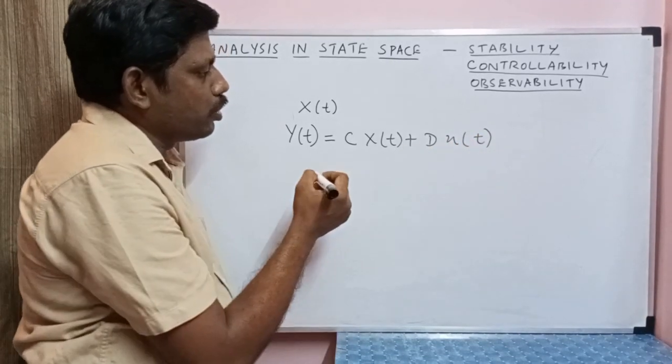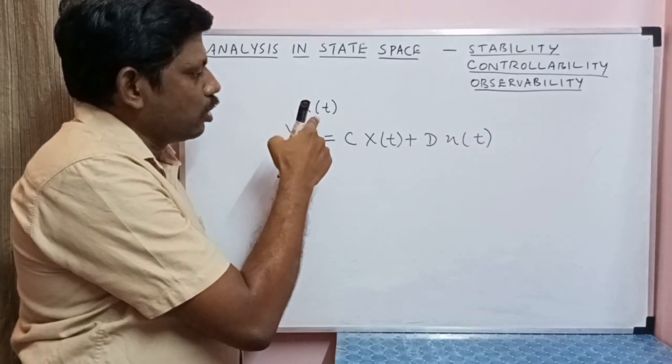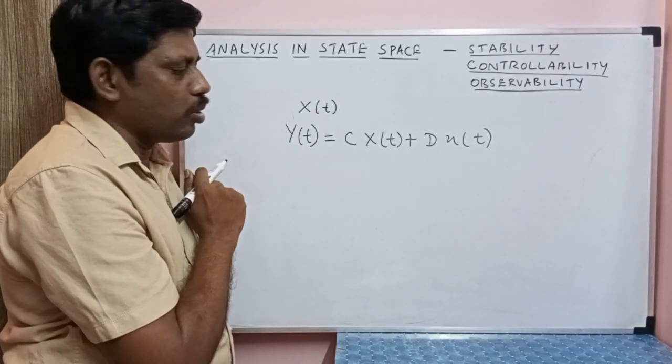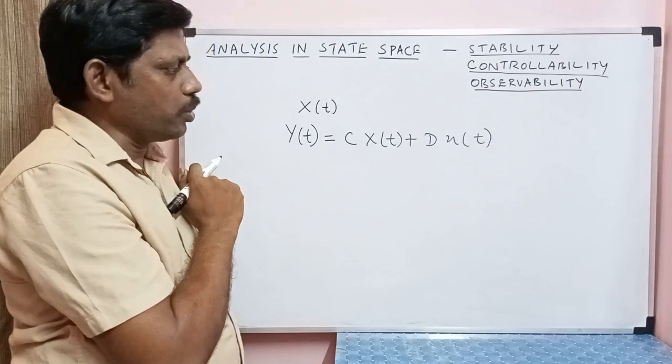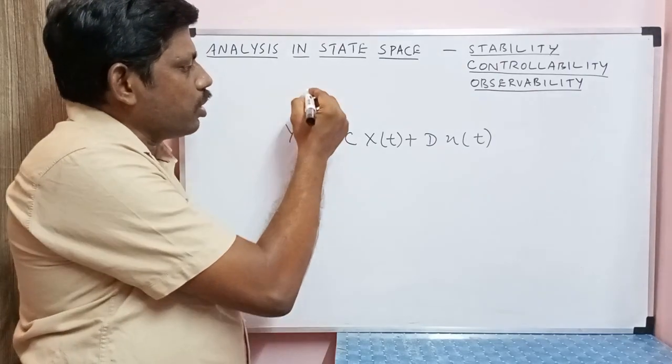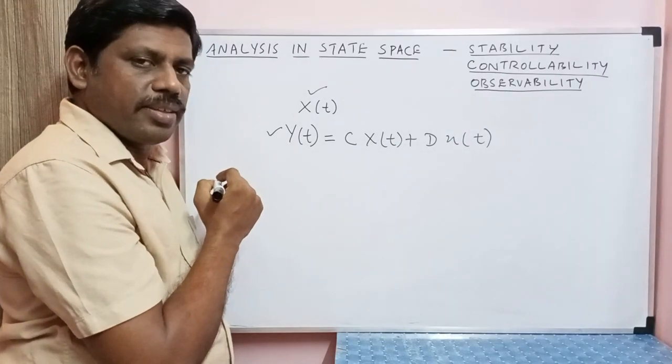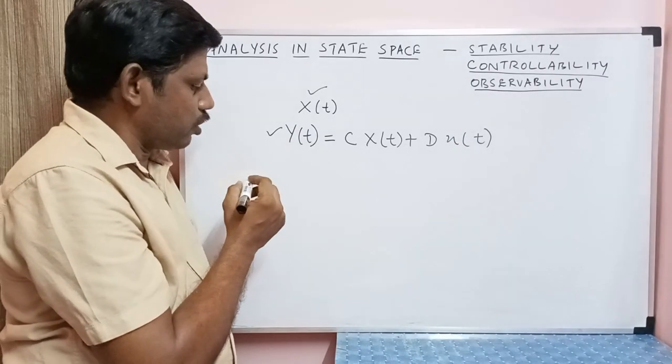Since u of t is already known and x of t is now obtained as a solution of the state equation, we can find y of t. So using this x of t and y of t, I can get the complete response of the system.